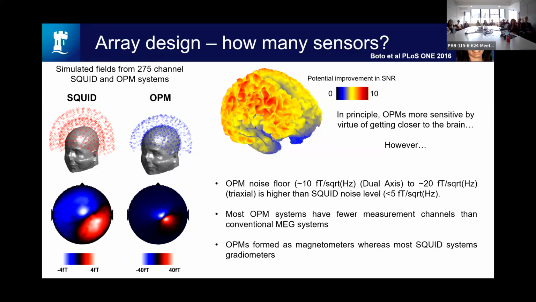The easiest way to think about it is going away from the head. If I can measure a big magnetic field gradient between here and here, then I can be more sure that that's a signal coming from my brain compared to something over there, which won't change very much over distance. So that's what a gradiometer does, whereas a magnetometer just measures magnetic field. So gradiometers are advantageous. But you can make OPM gradiometers, they're just much more complicated and more expensive.